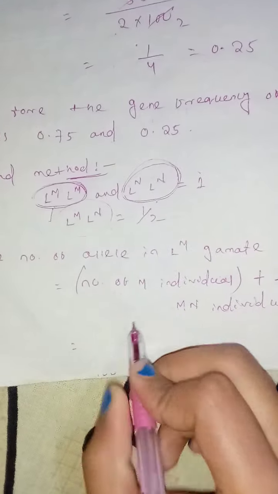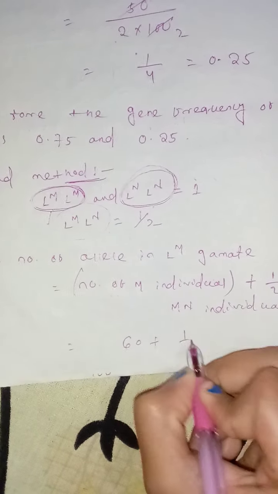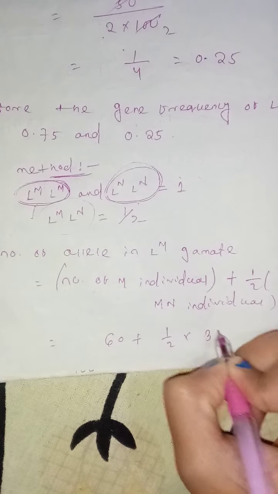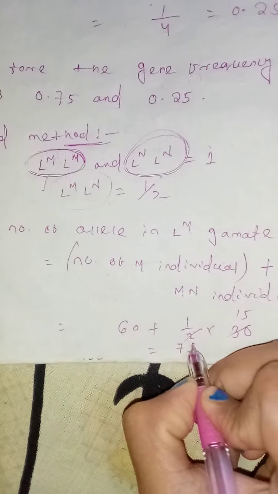So the number of M individual is 60 plus half into the number of MN individual, 30, is equal to 75.